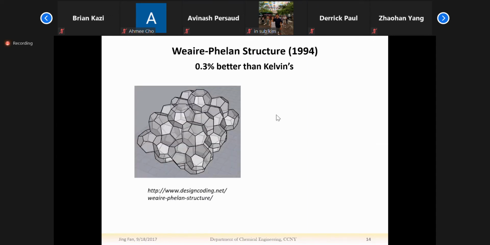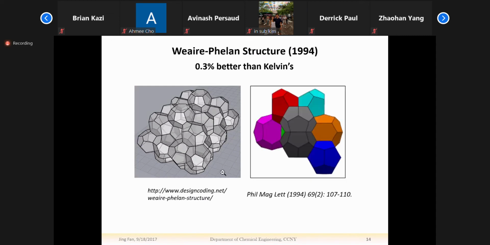People call it the Weaire-Phelan structure. This structure is very complicated. It has a periodic unit consisting of 8 elements. They all have the same volume, but 6 of these 8 are exactly the same, with the same geometry, and the other 2 have a different geometry.